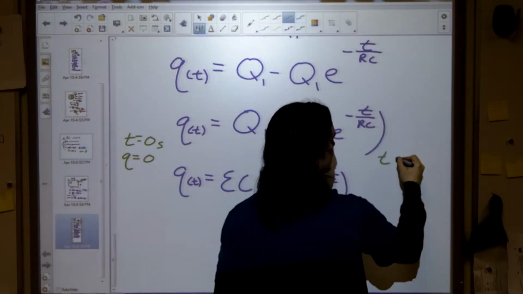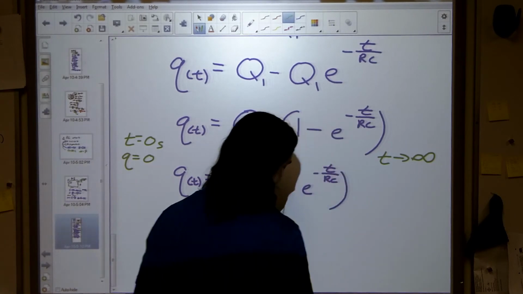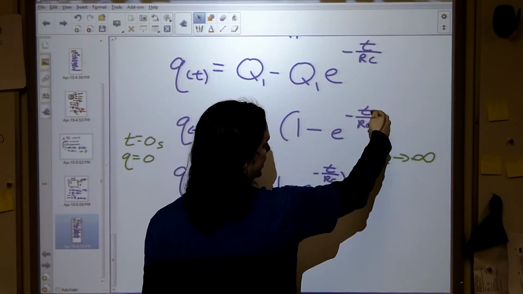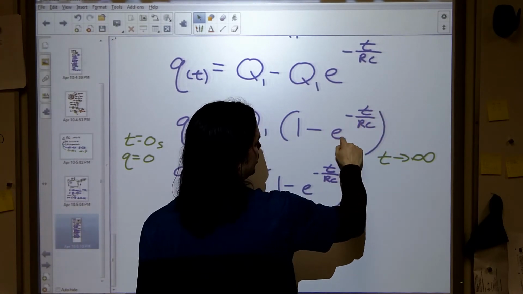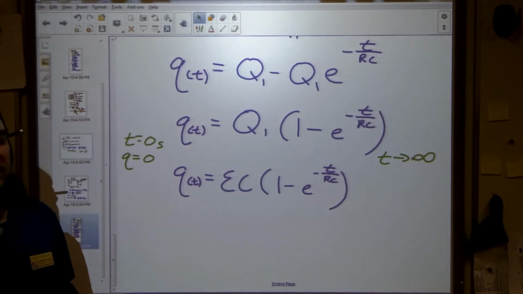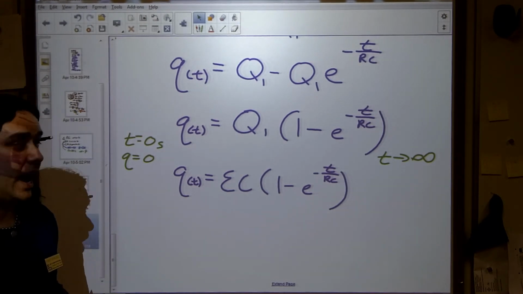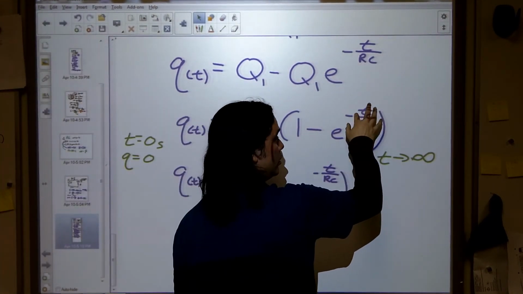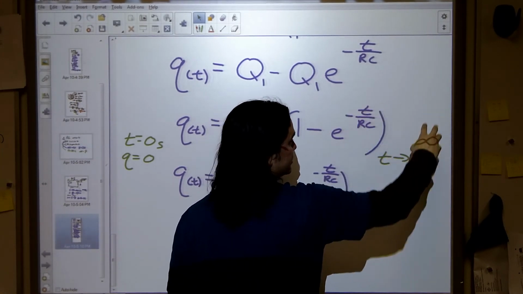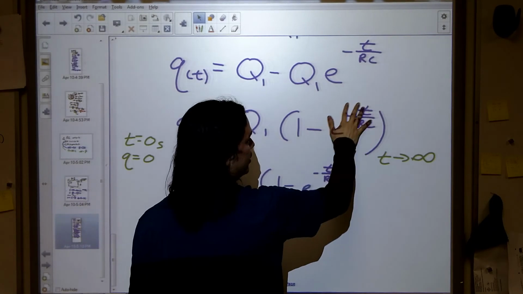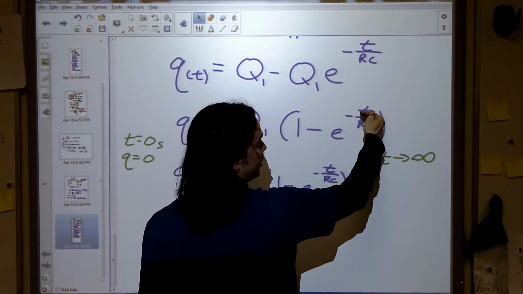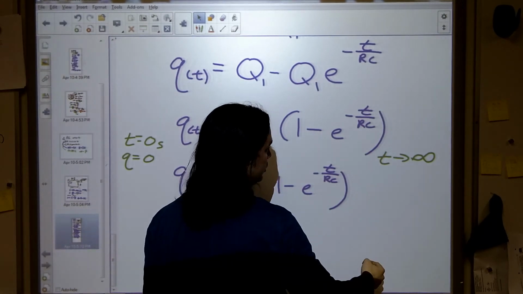What about as t goes to infinity? T goes to infinity. Well, this becomes infinitely big, divided by a constant, doesn't matter. We have e raised to the negative infinity. Well, e raised to the negative infinity, or more accurately, e raised to the negative limit as x goes to infinity, we actually find that this whole term becomes 0 because we end up with it being divided by an increasingly large number.